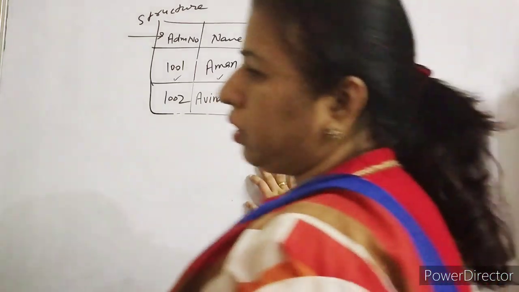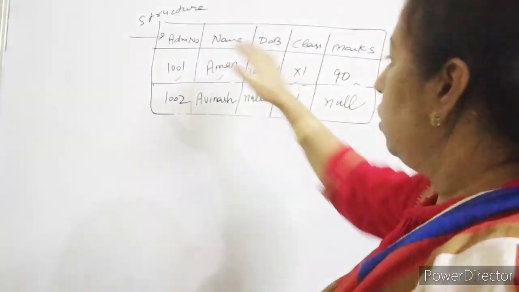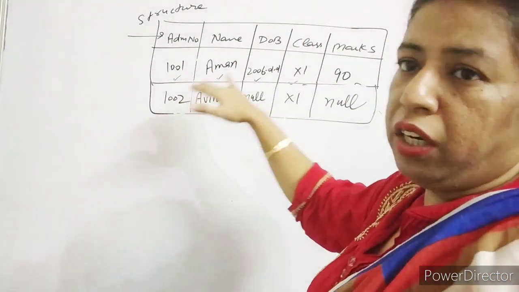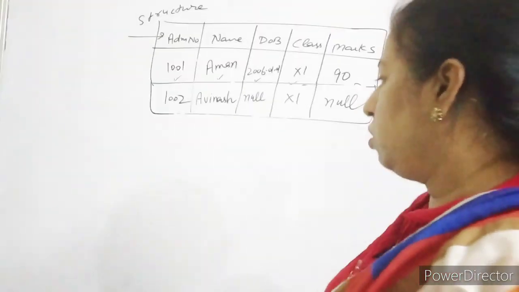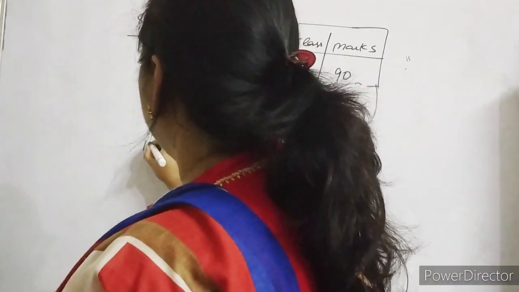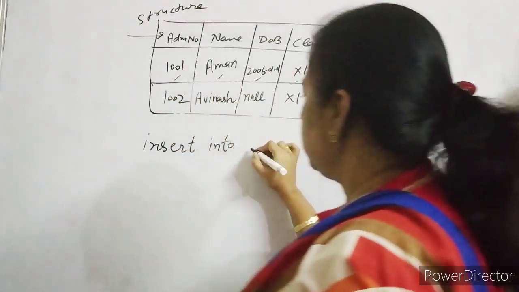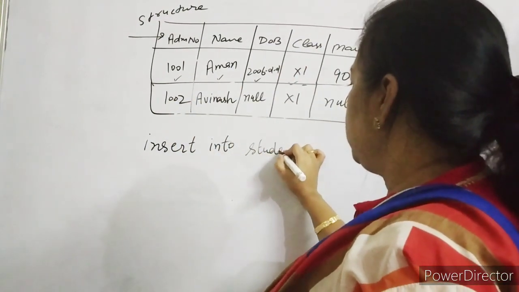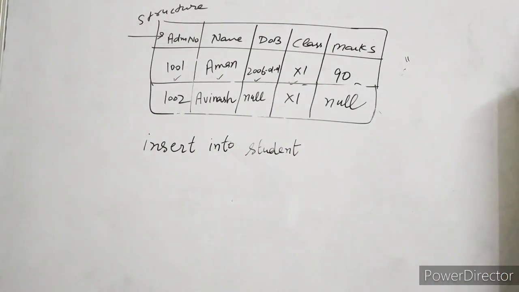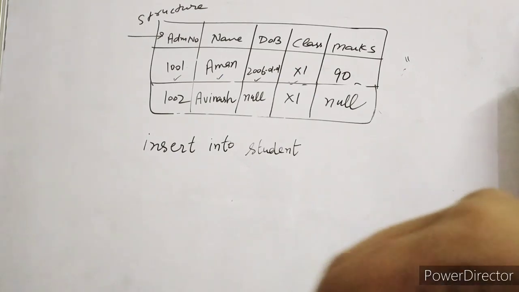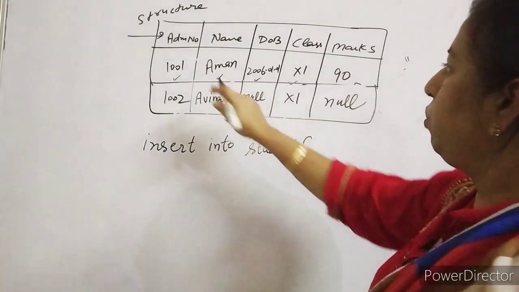First syntax is clear to all of you, when I am using all the values. Second syntax of insert is when I am inserting some null values in between the columns. Now the third syntax is insert into student, where I can mention the names of the columns where I want to insert the value.